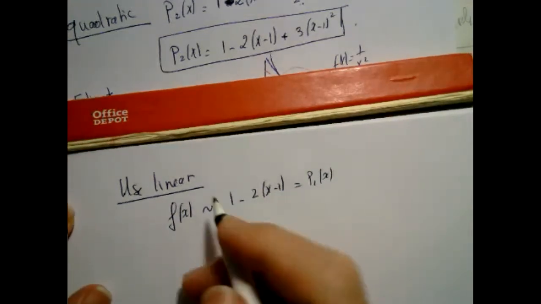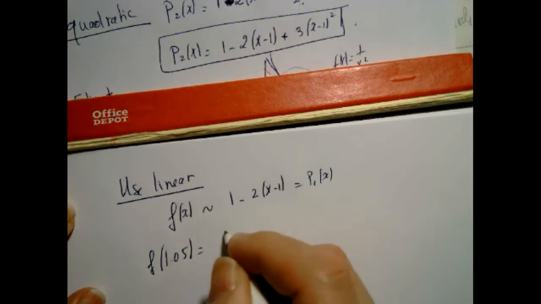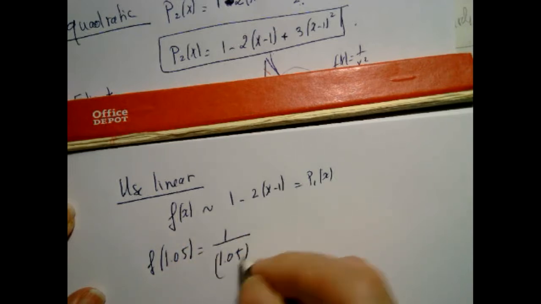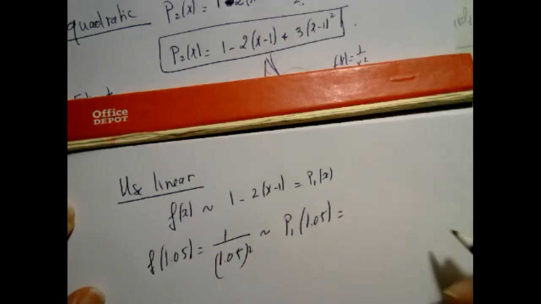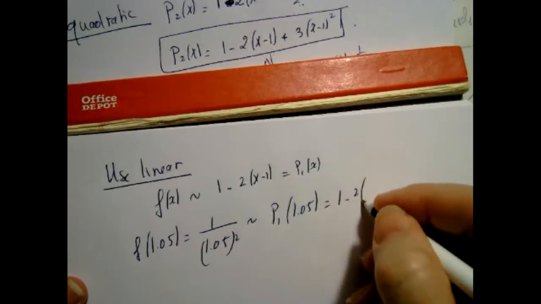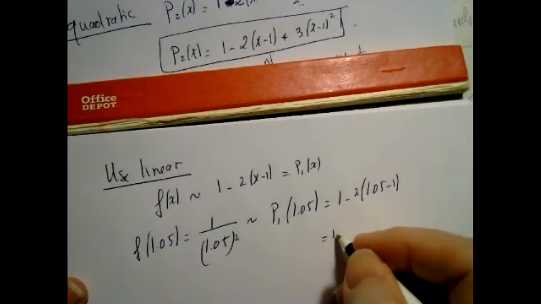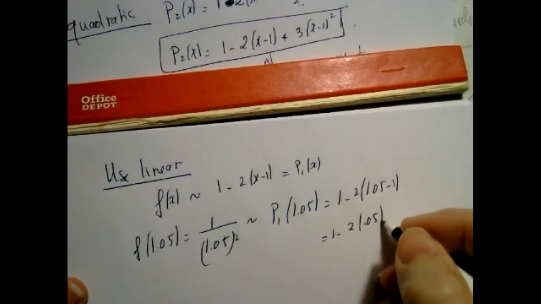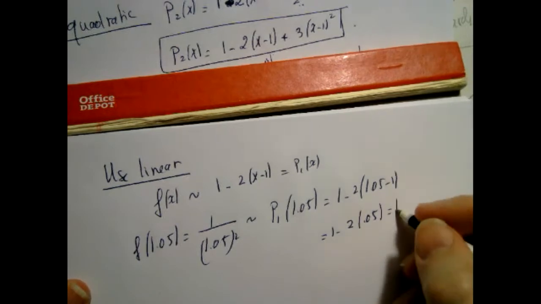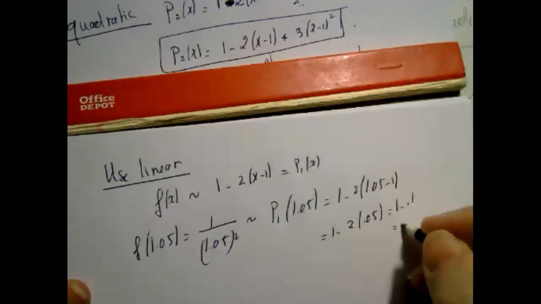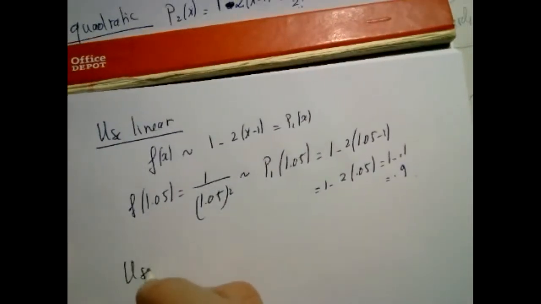But now we're going to use P1 to approximate it. So we need f at 1.05, that's 1 over 1.05 squared, which is approximated by P1 at 1.05. That equals 1 minus 2 times 1.05 minus 1, which means 1 minus 2 times 0.05. Now it's just a matter of evaluating. So this is 1 minus 0.1, which is 0.9. Okay, so that's the linear approximation. Now we're going to use the quadratic.